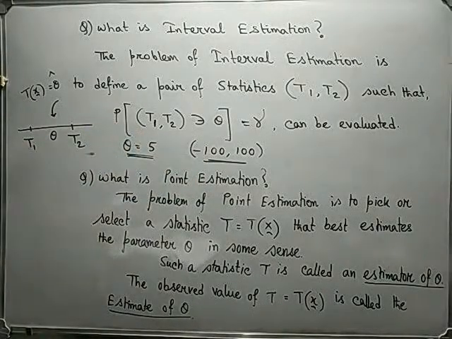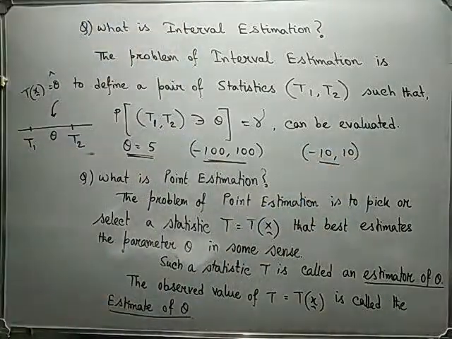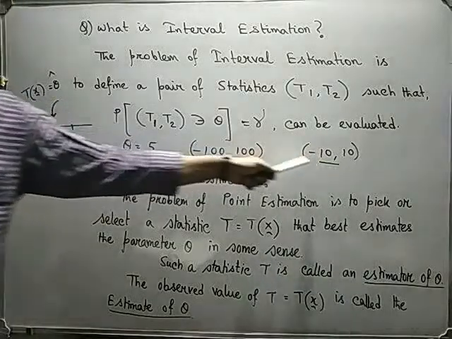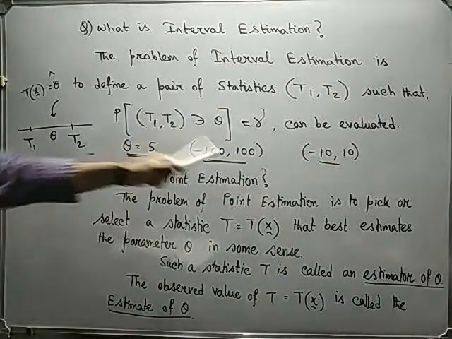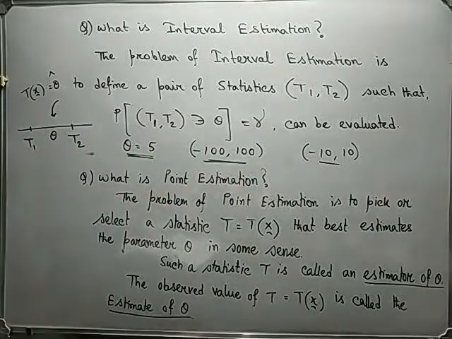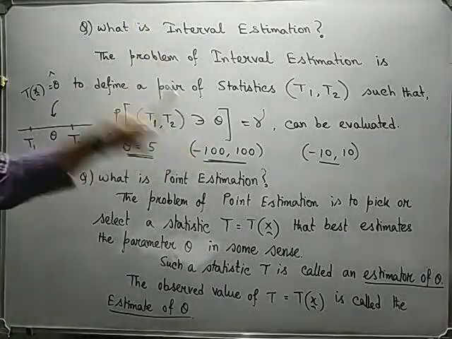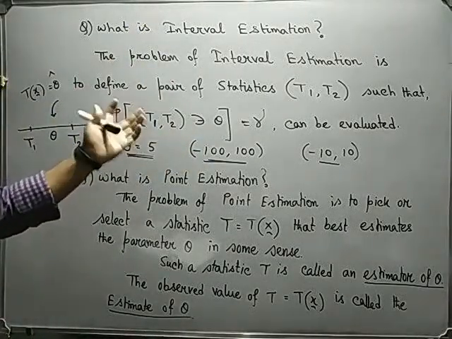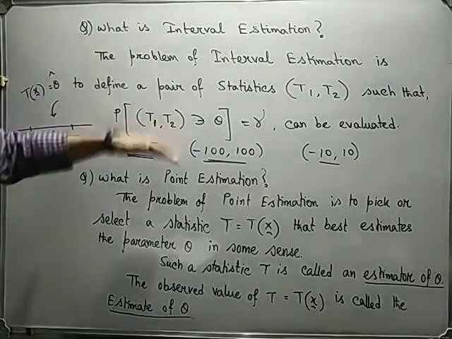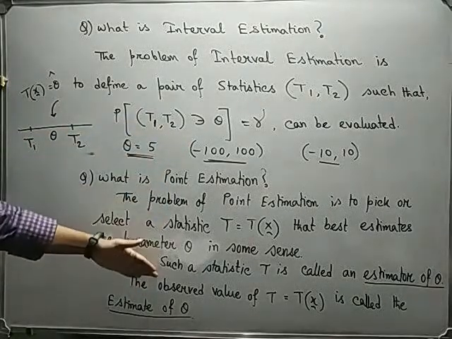But someone else tells me minus 10 to 10. This interval also contains the value of theta, and obviously this is more useful than the first, as the interval is shorter. So the concept of interval estimation is to get the smallest or shortest interval. We will discuss the interval estimation procedure later. First of all, we will discuss point estimation.